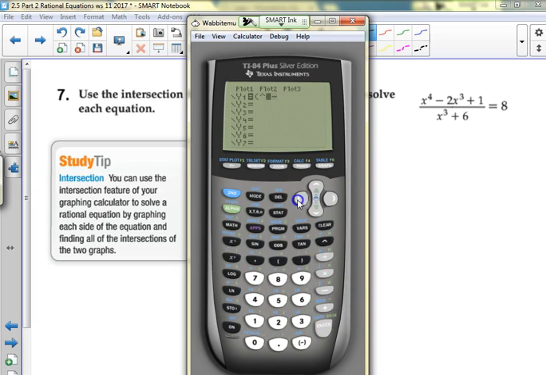Oh, I forgot an X. That'll be a problem. X to the 4th minus 2x to the 3rd plus 1, close parenthesis, divided by x to the 3rd plus 6, close parenthesis, and I want it to equal 8.